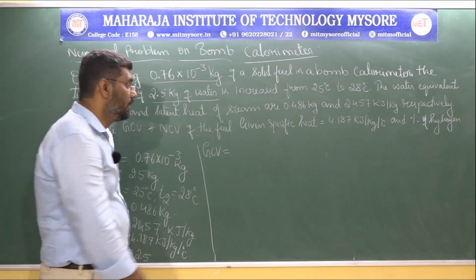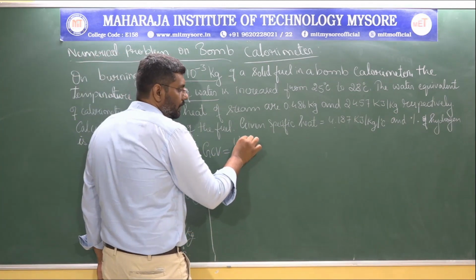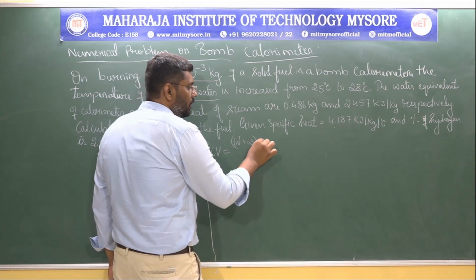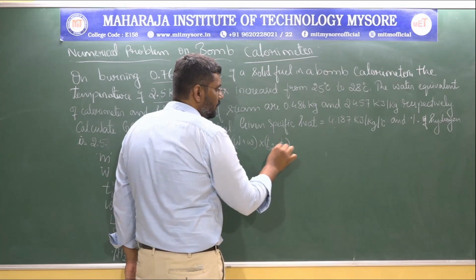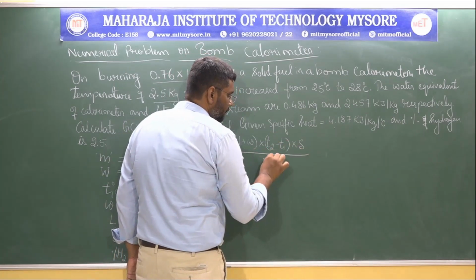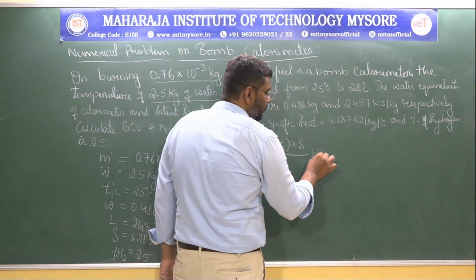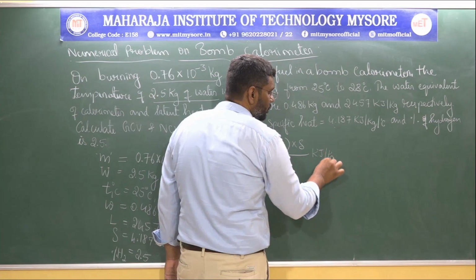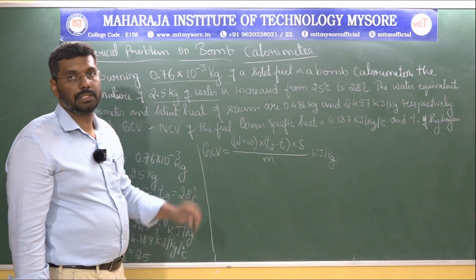As I have explained, to calculate that we are considering capital W plus small w into T2 minus T1 into specific heat divided by M, that is mass of fuel, in terms of kilojoules per kg. So this is the expression which we use to calculate GCV.